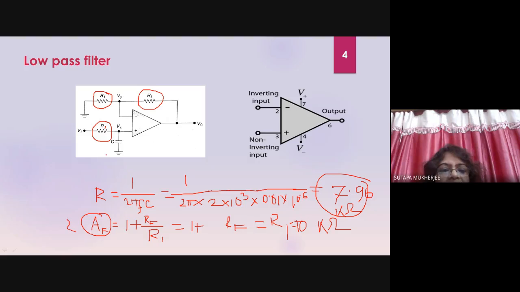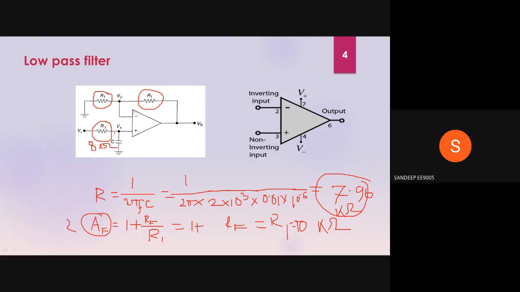You are able to determine R, and from the equation AF equal to 1 plus RF by R1, if you put AF equal to 2, it gives 2 minus 1 equal to 1. RF equals R1, so we can draw this circuit now. What is the value of R here? It is 7.96, so let us write 8 kilo ohm.